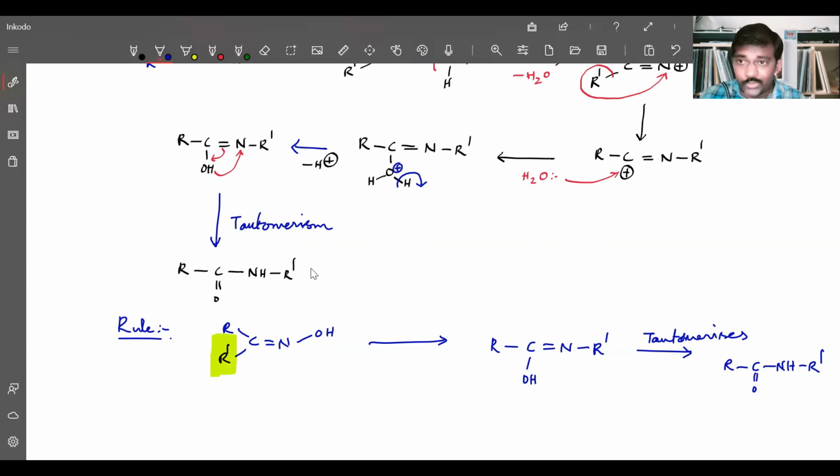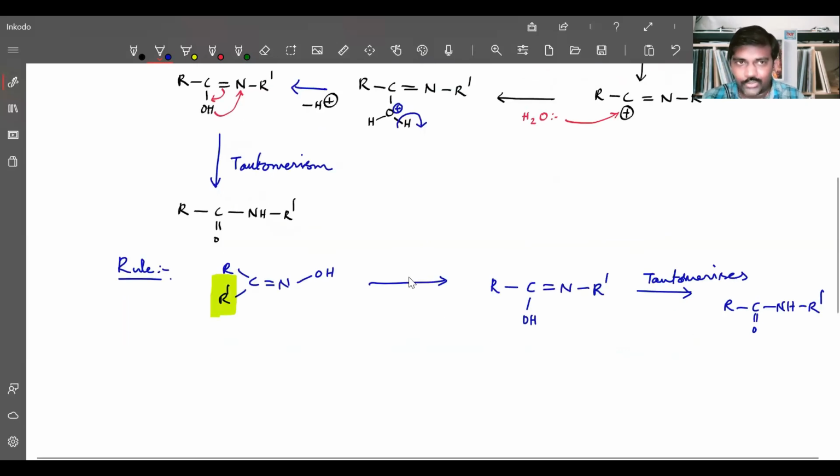Okay. So I'll give you a small simple example so that you can easily understand it. So one more example I take. This time I'm going with the phenyl group here, and the other group is methyl group, and this is C double bond N, and here I have OH group this side. So that means now I have phenyl group in anti position this side.